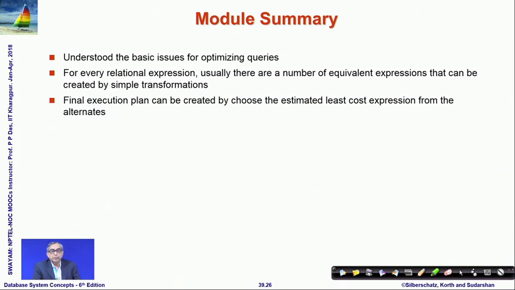So, in this module, starting from the notions of query processing in the earlier module, we have discussed the basic issues of optimizing queries, and we have shown that using a set of simple transformational rules, you can convert a relational expression into a number of equivalent relational expressions, and then evaluate them based on the estimated cost of the model that you are using and choose the best one. Dynamic programming is usually a good way of doing that.